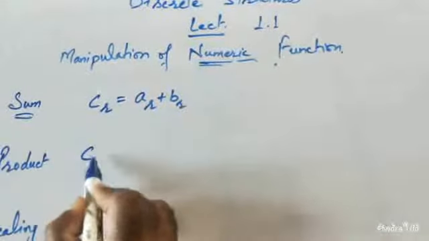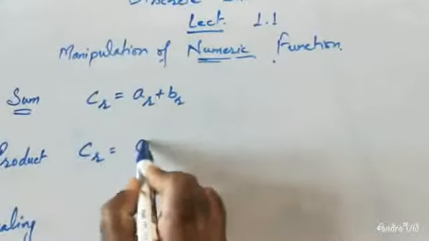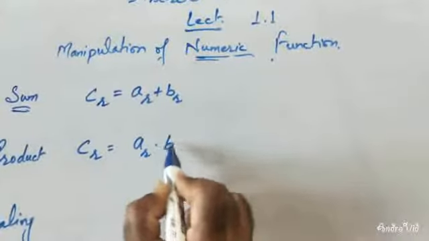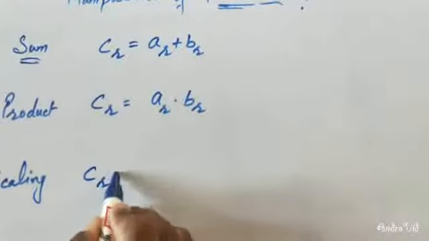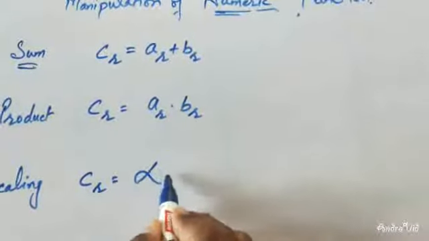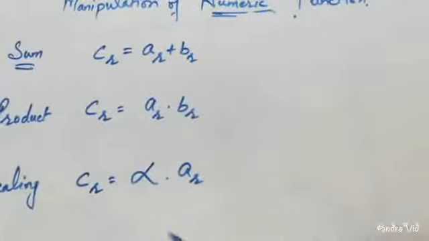Similarly, product will be c(r) equals a(r) multiplied by b(r), and scaling will be c(r) equals some constant alpha times a(r).